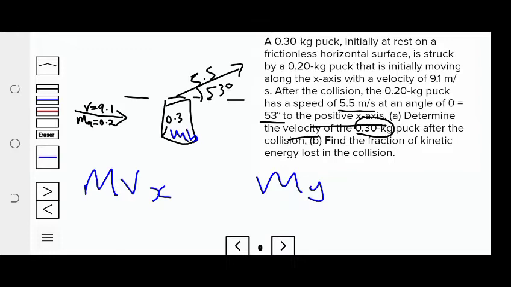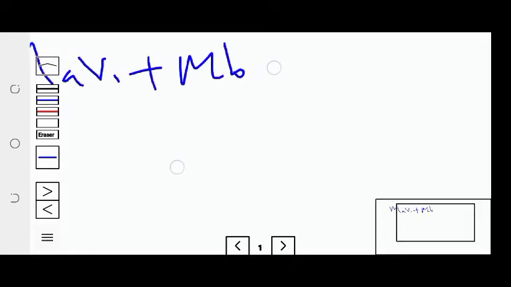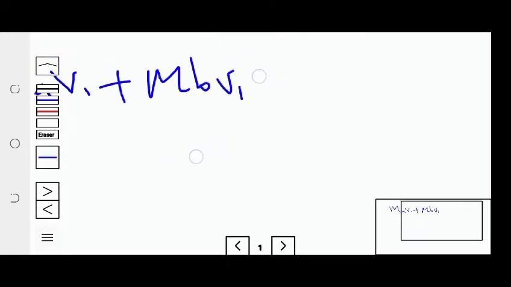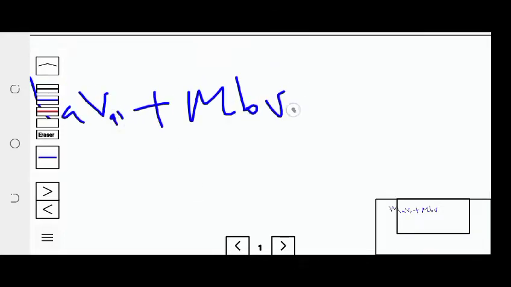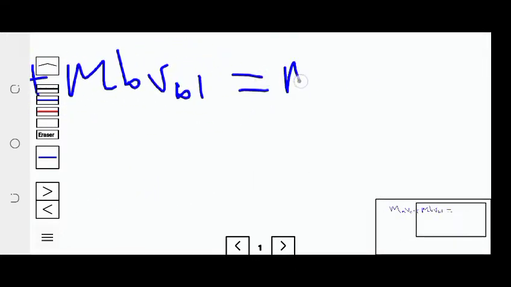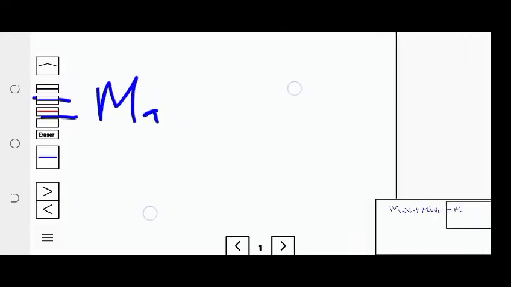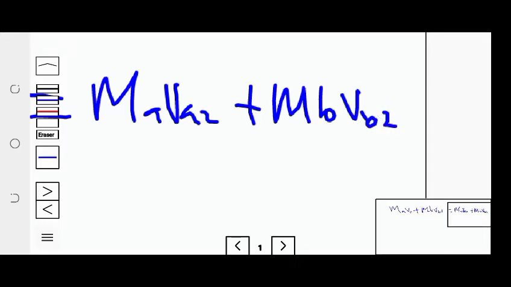So we're going to have ma multiplied by va1 plus mb multiplied by vb1, and this is going to be equal to ma multiplied by va2 plus mb multiplied by vb2, and that's our variable of interest, the vb2.